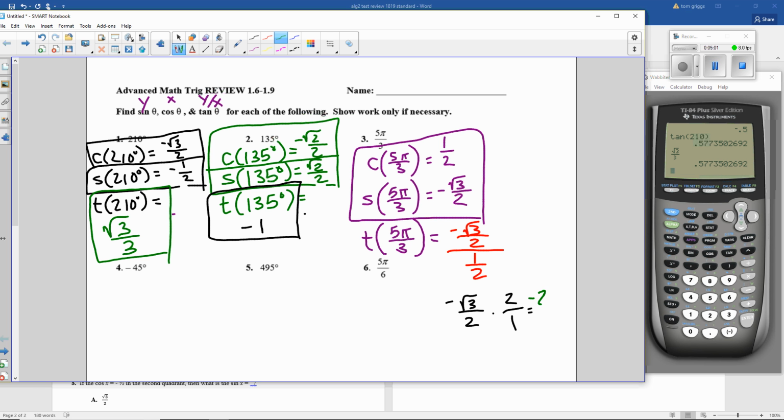Multiply across the top, we get negative 2 radical 3. Multiply across the bottom, you get positive 2. Negative 2 over 2 cancels out and becomes just a negative 1. So the answer to the tangent problem, kind of out of space here, so I'm going to write it over here, is negative radical 3.